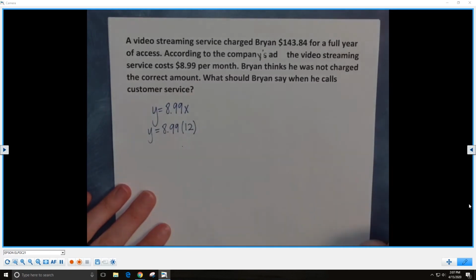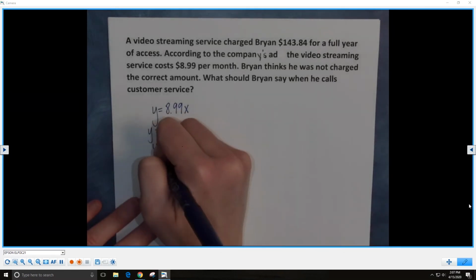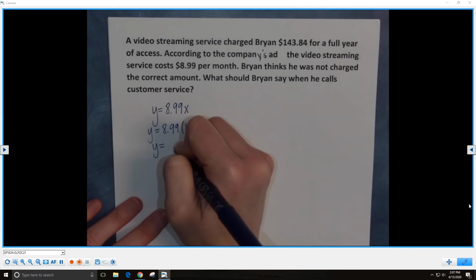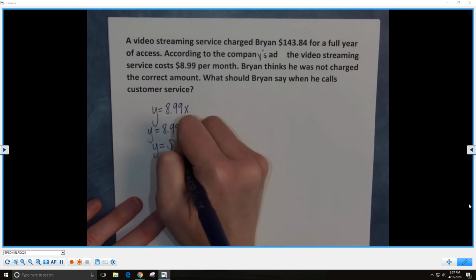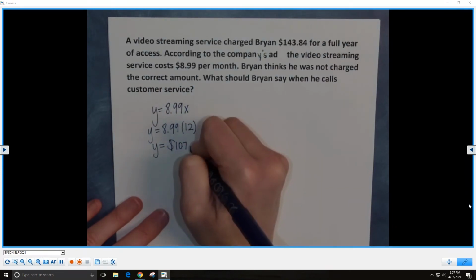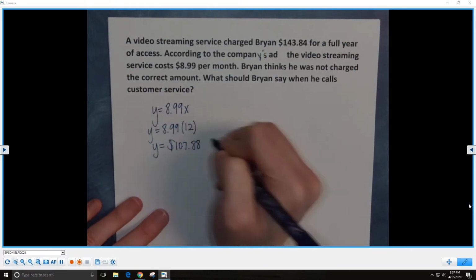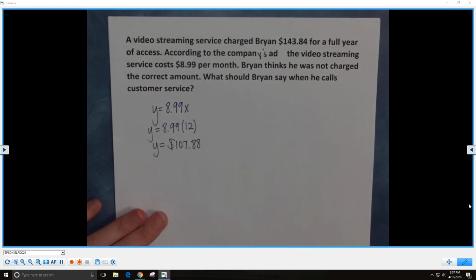He's paid for a full year, which is 12 months. Make sure you're writing this down. When we do the multiplication, y, which is the cost for the number of months, is $107.88. So what does that mean?